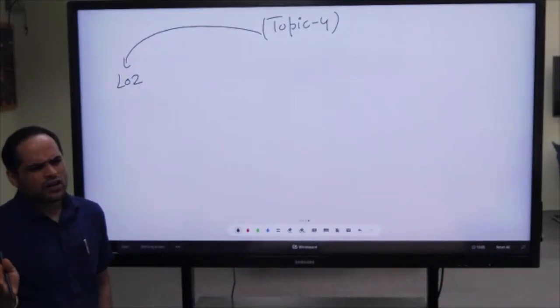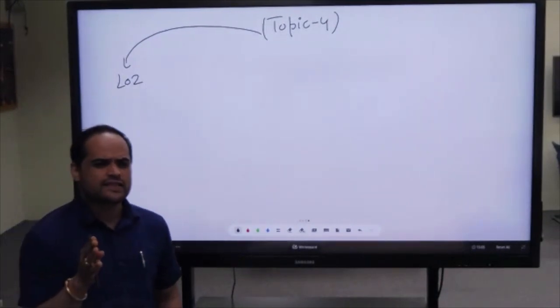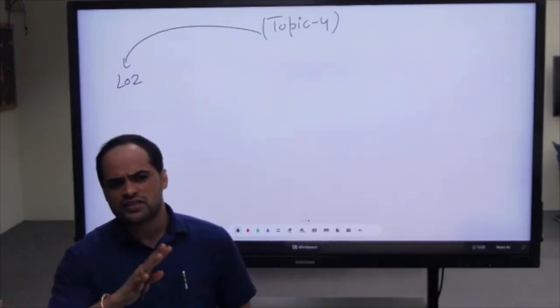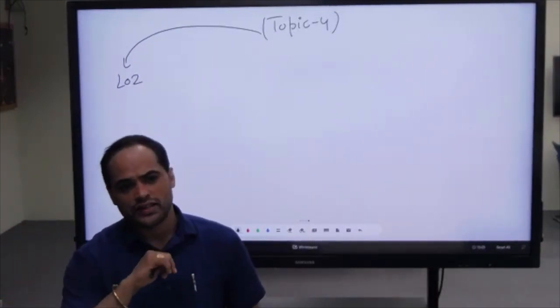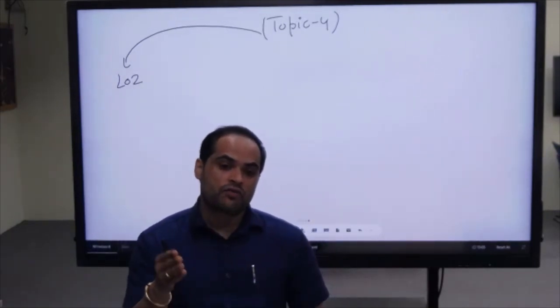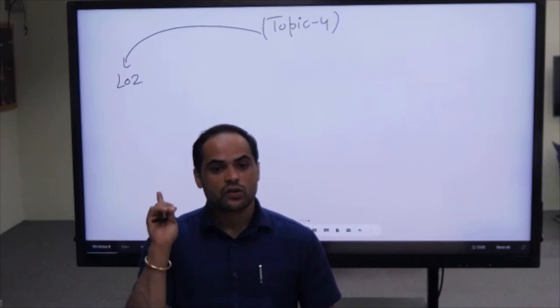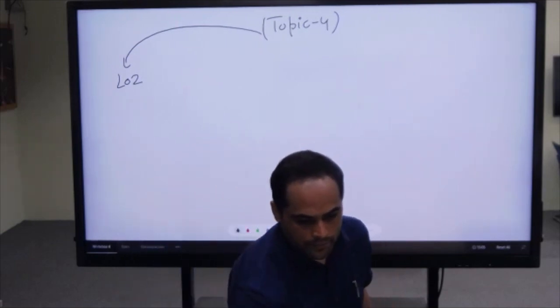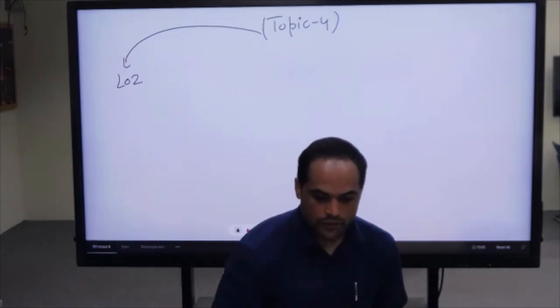If you look at your lecture slides, it may say learning outcome 1, but that's fine. Introduction is going to be your learning outcome 1, and this is your learning outcome 2. Whatever information is given in the lecture slides, I'm going to cover here.